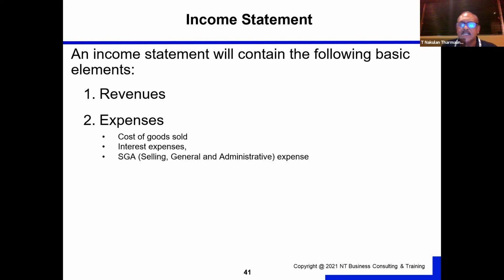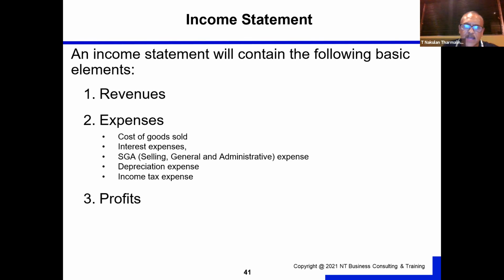Then you have selling expenses, and general administrative expenses, which could fall into salaries, rental, stationery, the whole works. Then you'll come to something known as a depreciation expense. I will explain it separately. Bear with me for now. What is depreciation? We will look at that. And then you have income tax to pay. That is also an expense in your profit and loss statement. So these are generally the types of expenses.